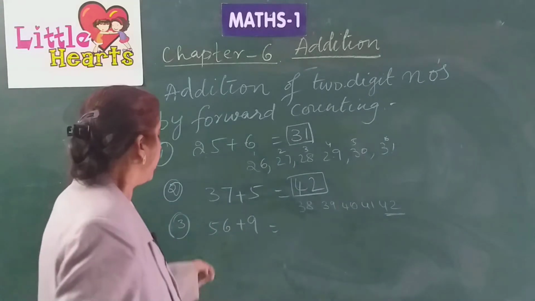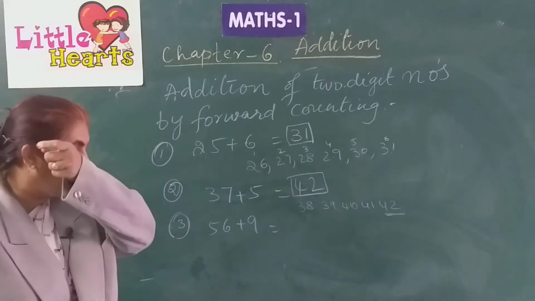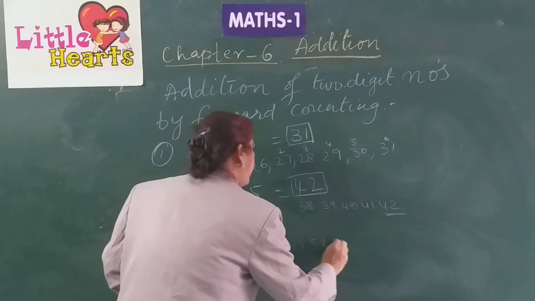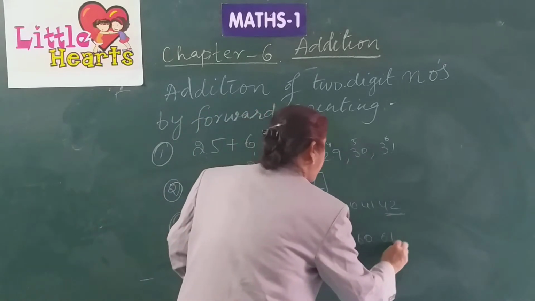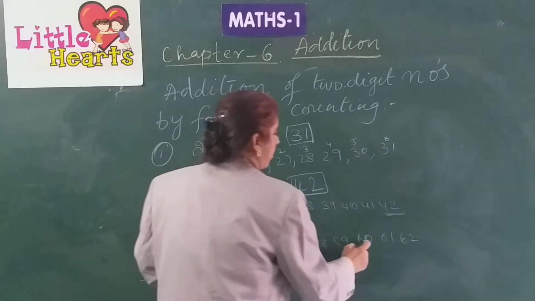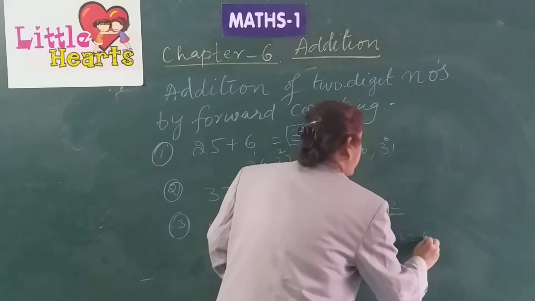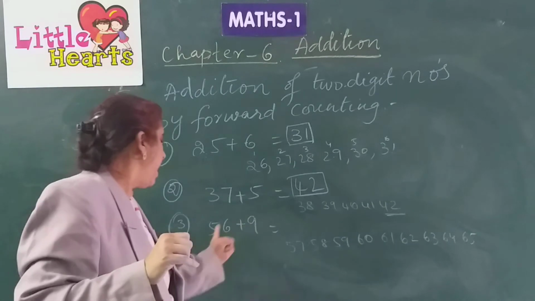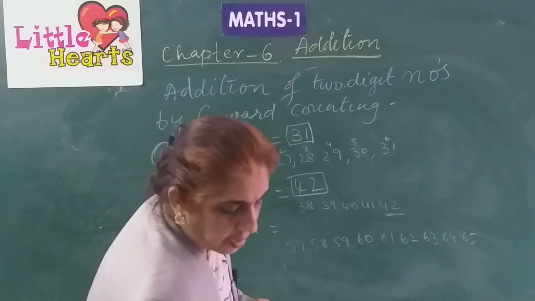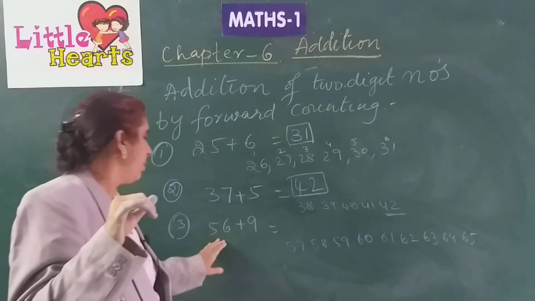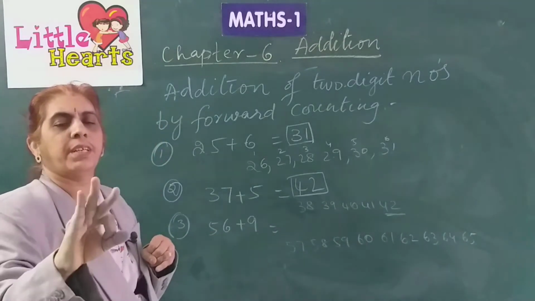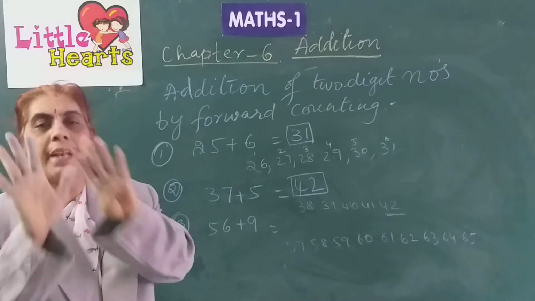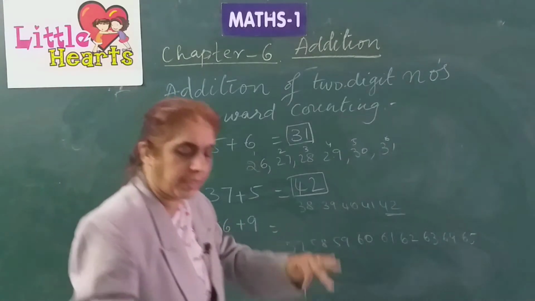56 plus 9. The first number is 56. We have to count 9 numbers after 56: 57, 58, 59, 60, 61, 62, 63, 64, 65. 9 fingers we have opened, and the last number is 65.